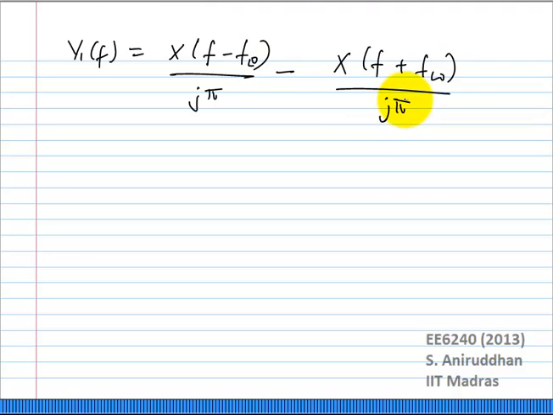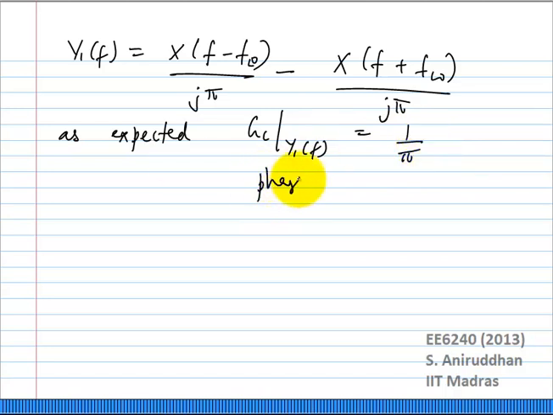As expected, for the first portion the conversion gain is 1 over pi. This is what we expected before. The only difference is there is also a phase shift of 90 degrees because of the j term.